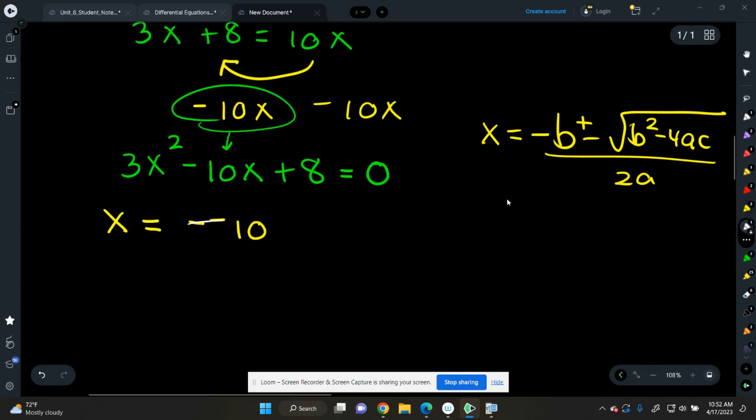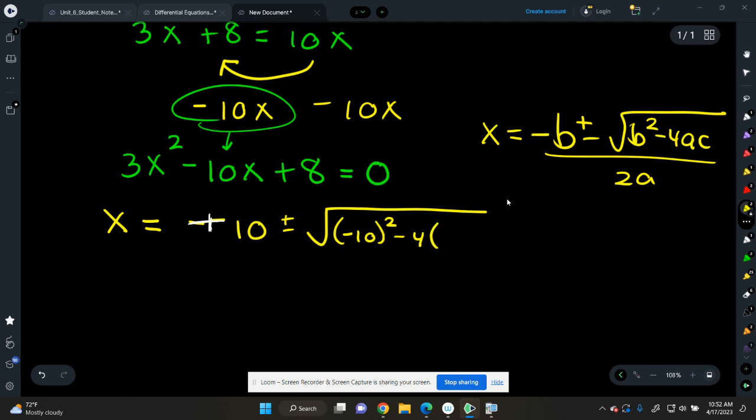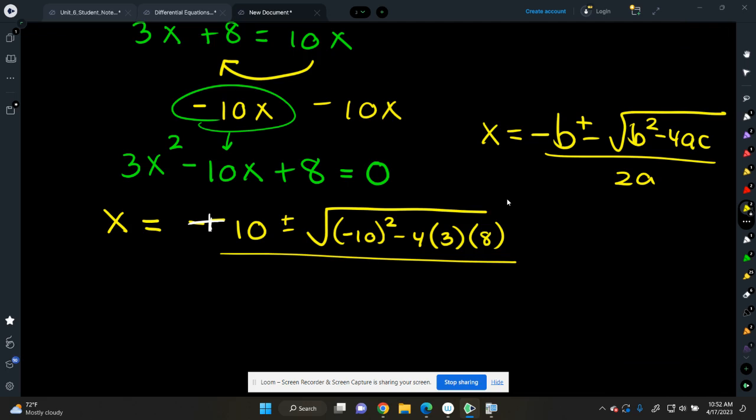It becomes a positive, yes. So that's positive 10 plus or minus the square root of b squared. So that's negative 10 squared minus 4 times a, which is 3, times c, which is 8. You don't bring the x with it? No, just the a, b, and c, just the numbers. All over 2a, so that's 2 times 3.